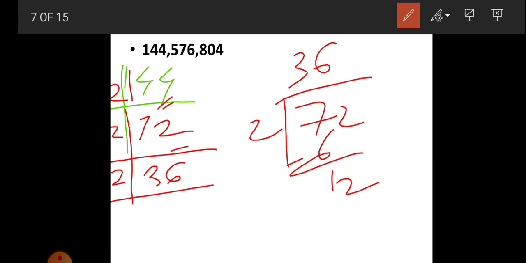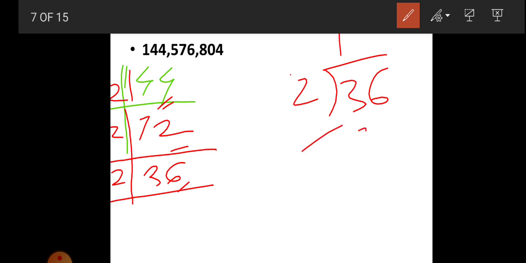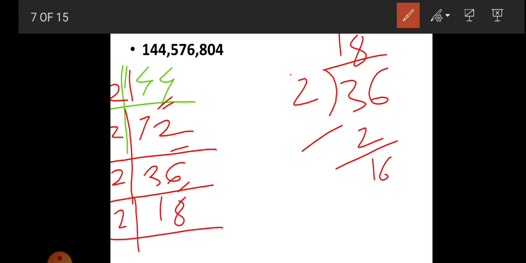Again here last digit is 6. Then again 2 is divided. 36 divided by 2. 2 1s are 2. 2 8s are 16. 18 is the table of 2. 2 9s are 18. Okay. Now 3 3s are 9.